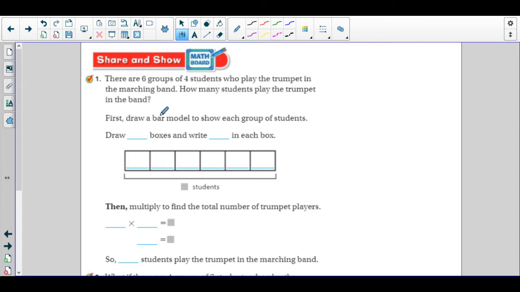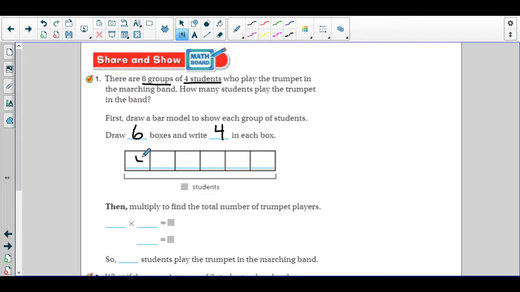So first of all, we'll draw a bar model to show each group of students. So we need 6 boxes, and we're going to write a 4 in each of the boxes, all right? Because we had 6 groups of 4 students.